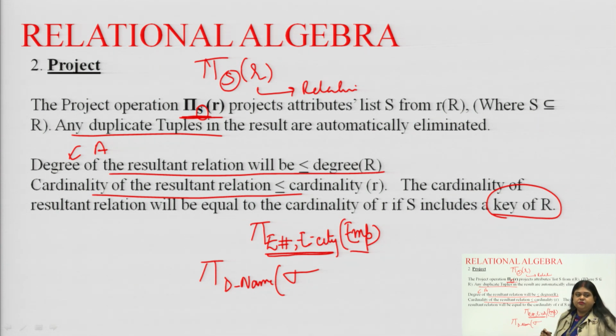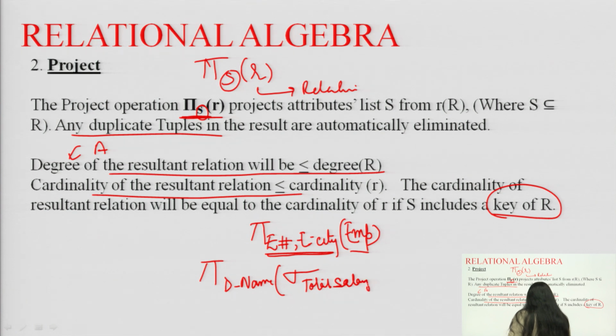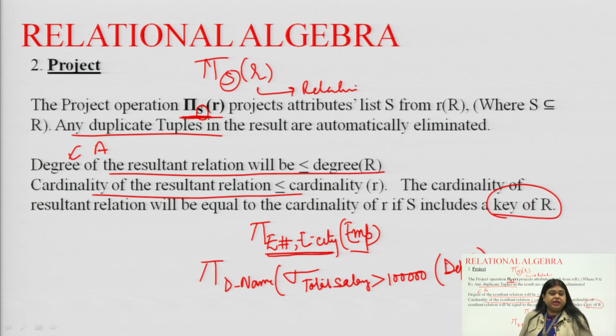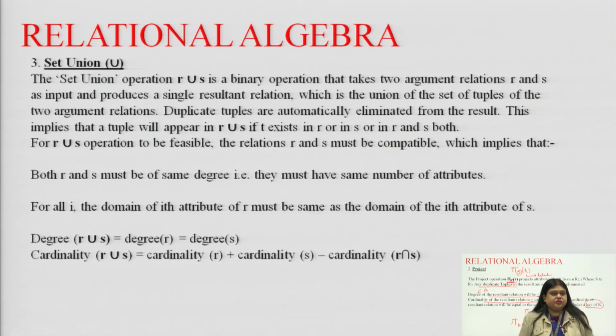So, we are selecting where total salary is greater than 1 lakh rupees on the department table. So, this is how we use a combination of selection and projection. These were the two main important operations. Let us move to the next set of operations.